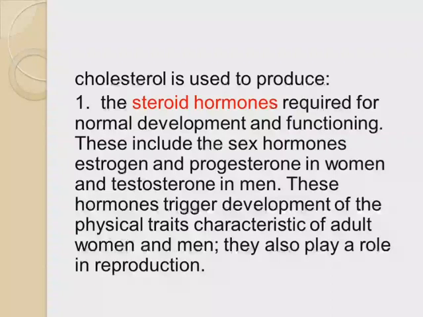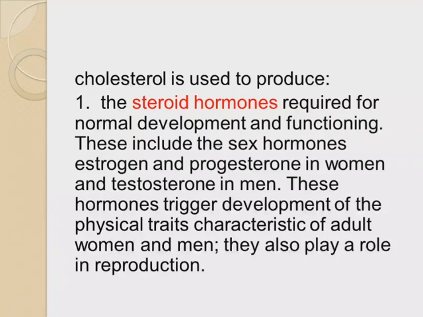Cholesterol is used to produce, first, the steroid hormones required for normal development and functioning. Examples of these steroid hormones are sex hormones like estrogen and progesterone in women and testosterone in men. These hormones trigger the development of the physical traits characteristic of adults, women and men.